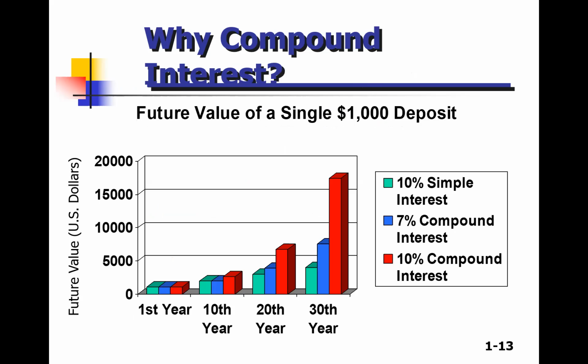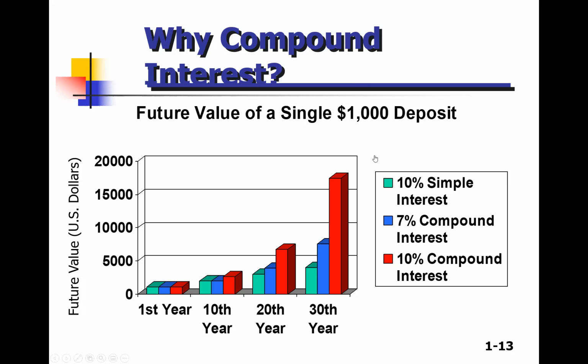Now we need to understand that usually in banks, in financial institutions, and in financial management, in corporations, the interest we receive or pay is compound interest. Now we need to understand what is the difference between compound interest, or what is the effect of compound interest over the period of time if we compare it with simple interest.